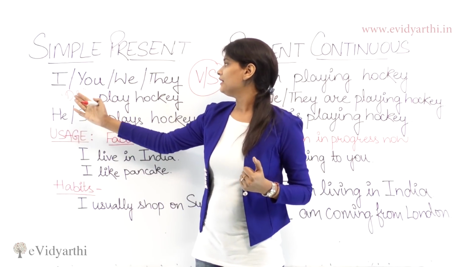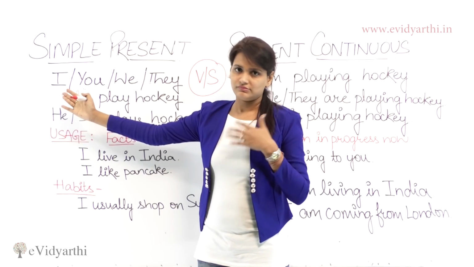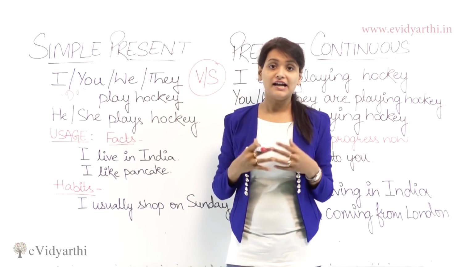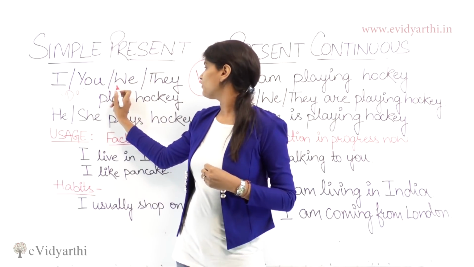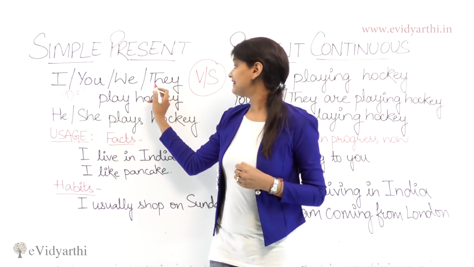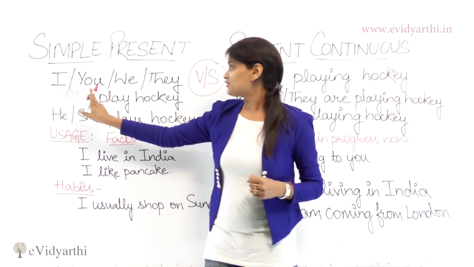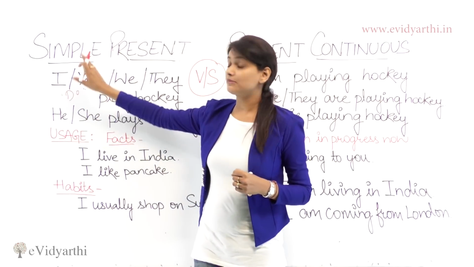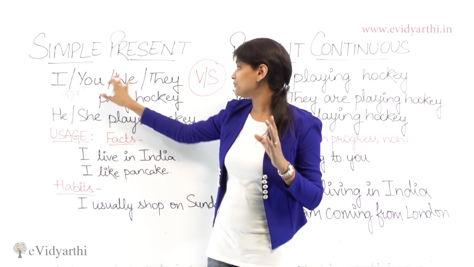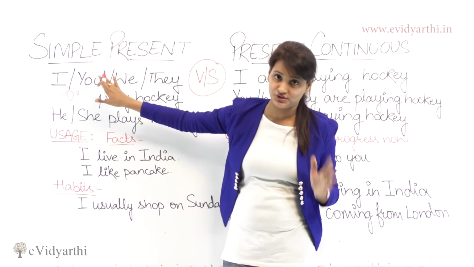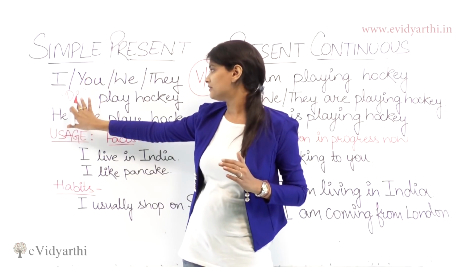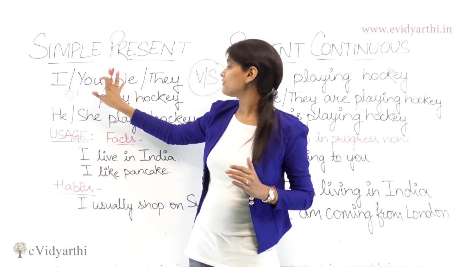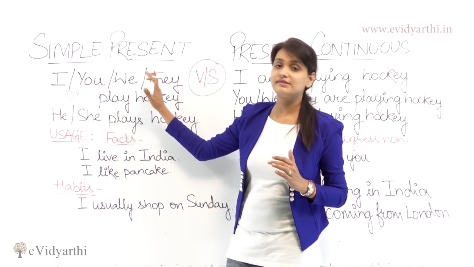So if I say, I do not play hockey, you do not play hockey, we do not play hockey, they do not play hockey. So do is the auxiliary or helping verb of simple present. When it comes to the plural subject, I and you are the exception. I and you are singular in number, but they have adopted the same helping verb which is used with these plural subjects.